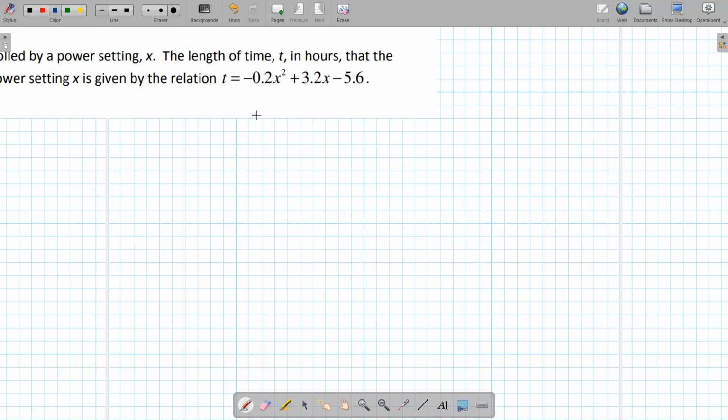If you can pull something out, do that, okay? To make your life easier. What can you pull out? A minus 0.2.